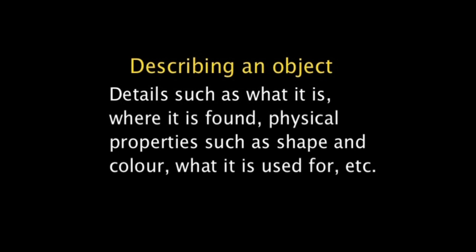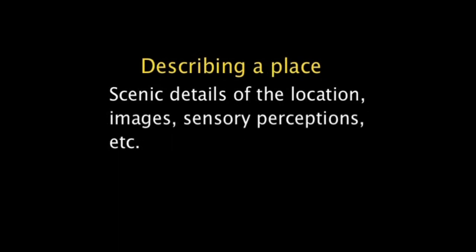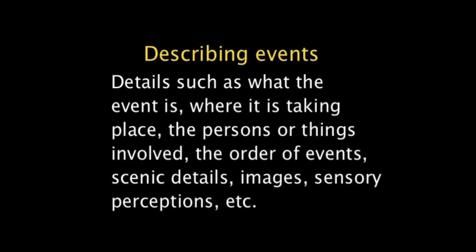Okay. Describing an object: details such as what it is, where it is found, physical properties such as shape and color, what it is used for, etc. Describing a place: scenic details of the location, images, sensory perceptions, etc. Describing events: details such as what the event is, where it is taking place, the persons or things involved, the order of events, scenic details, images, sensory perceptions, etc. The last one.